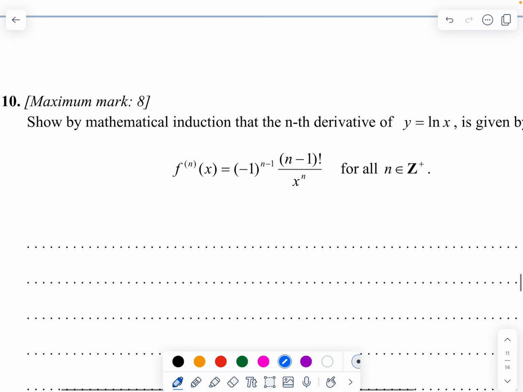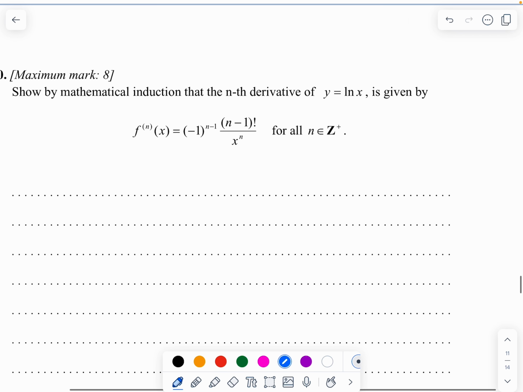So we go to question number 10. Show by mathematical induction the nth derivative of f of x equals ln x is this one. So let's start for n equals 1. For n equals 1, what does that become now?